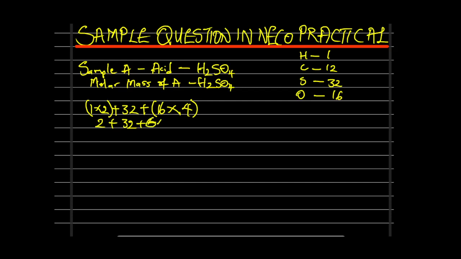So we have 64 plus 32 plus 2, which is going to give us 98 grams. So that is the molar mass for H2SO4.